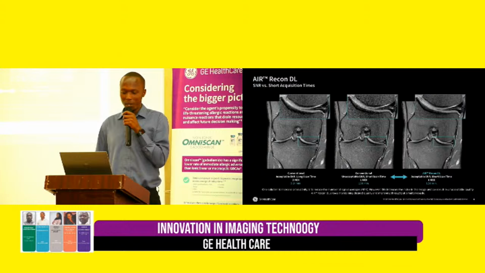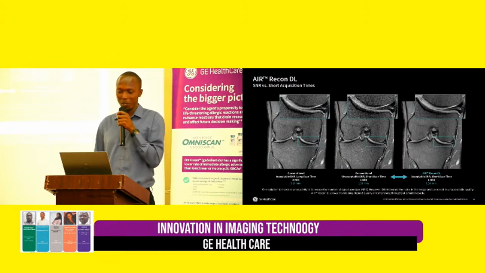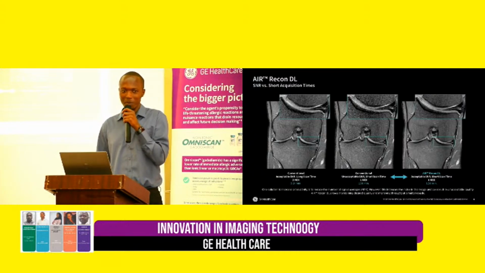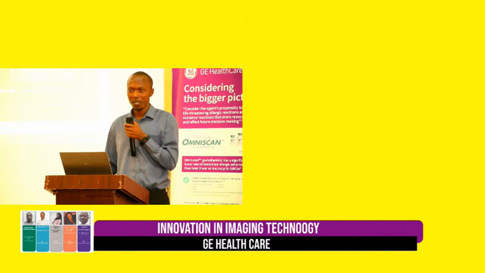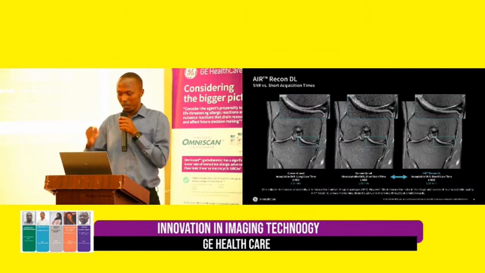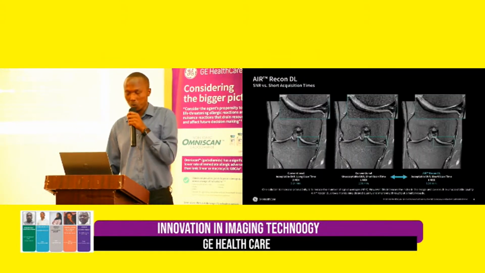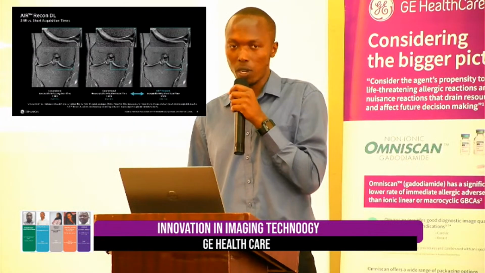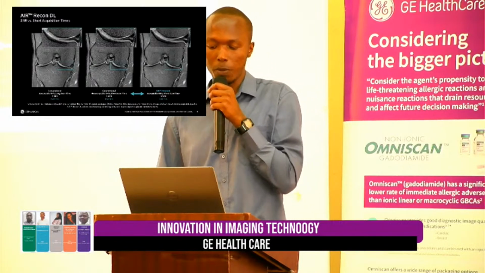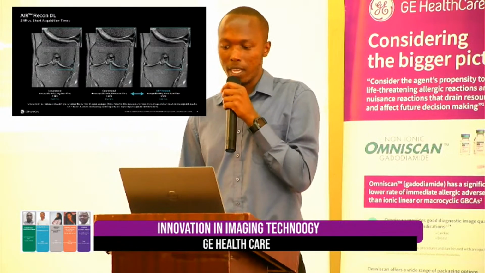If we reduce the field of view, that means we'll be cutting some region. So the easiest way is to reduce the NEX from 2 to 1, but what will happen to the image resolution? It will be lower, and our image will be grainier.